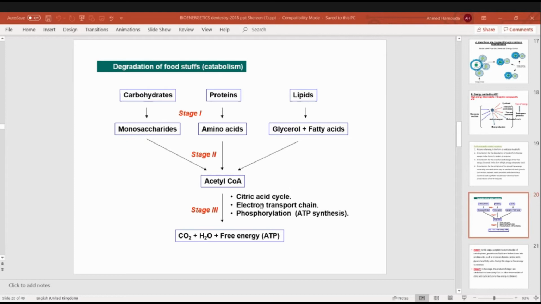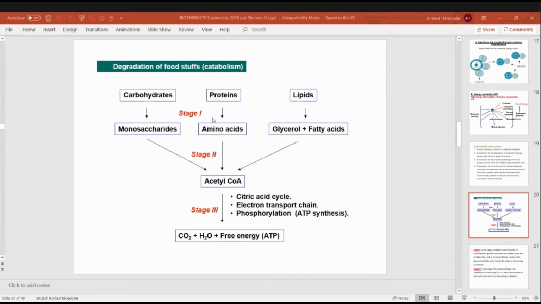And this will, of course, as I mentioned, enter the citric acid cycle or Krebs cycle, and then the electron transport chain, which is the subject of our lecture today, to generate ATP. Remember, all these macromolecules will give you the same molecule that enters the cycles, and the end point is that you want to make free energy.